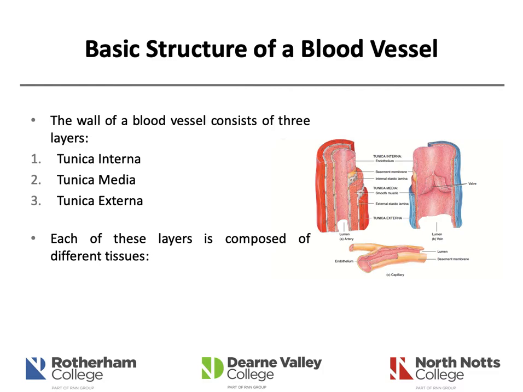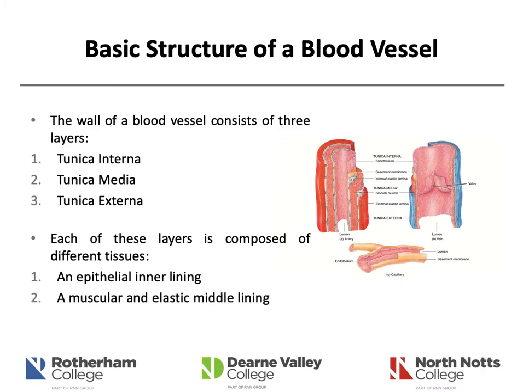And generally speaking, these layers are composed of different tissues. So the tunica interna will have an inner lining. The tunica media will have a muscular and or elastic middle lining, that might be more or less depending on the blood vessel. And a connective tissue outer covering for arteries and veins. A capillary doesn't have that, and that's linking specifically to its function, but we'll explore that shortly.